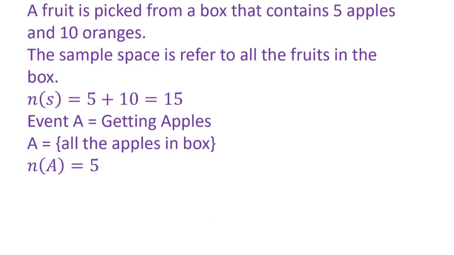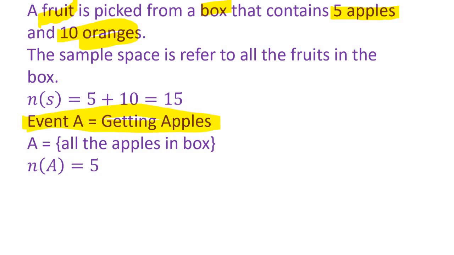And then we're going to see the third example. The third example is a fruit picked from a box. Okay, and then inside the box containing with 5 apples and 10 orange. So the sample space will be all the orange and apples. Okay, so now the events A is getting apple.